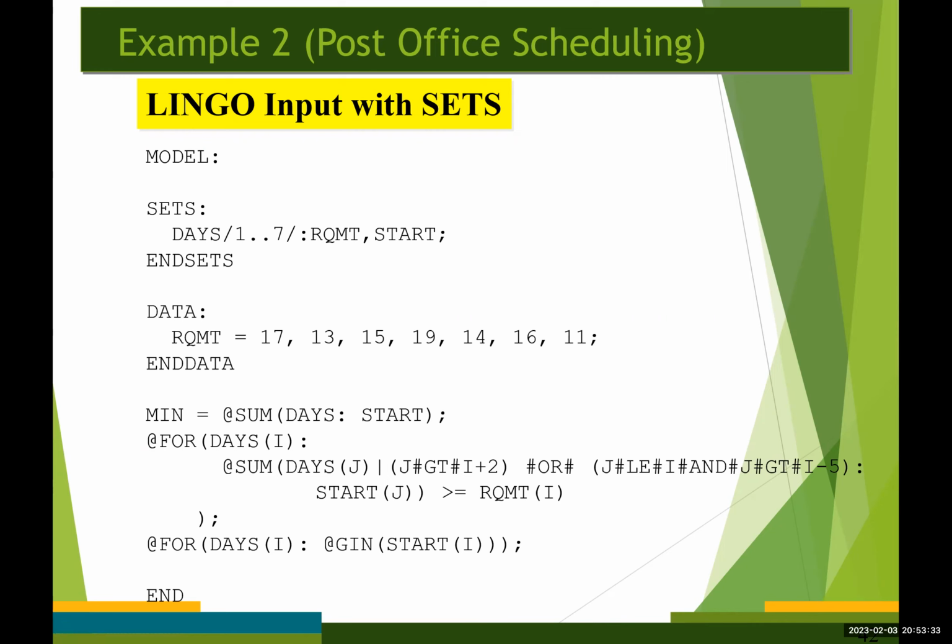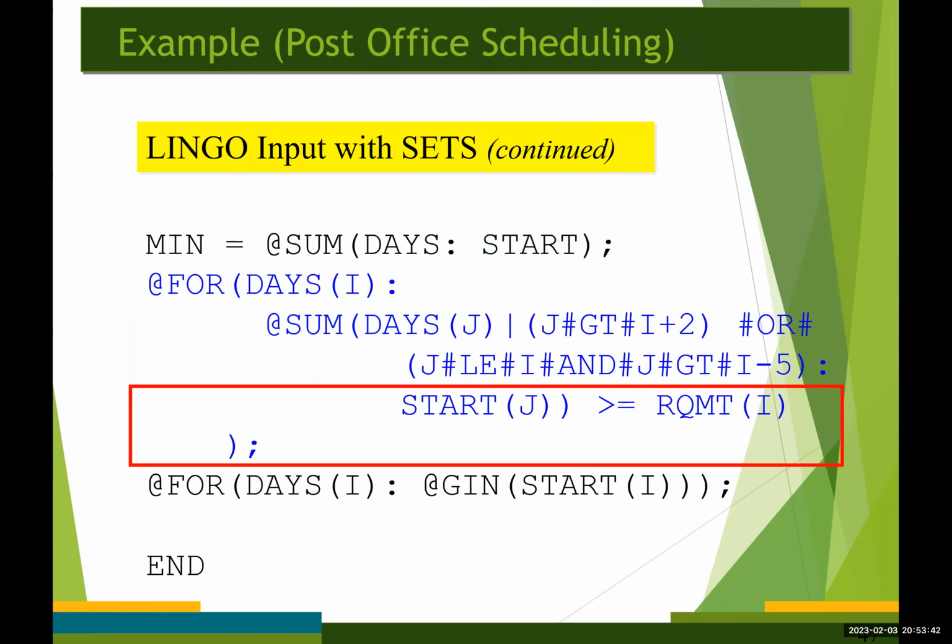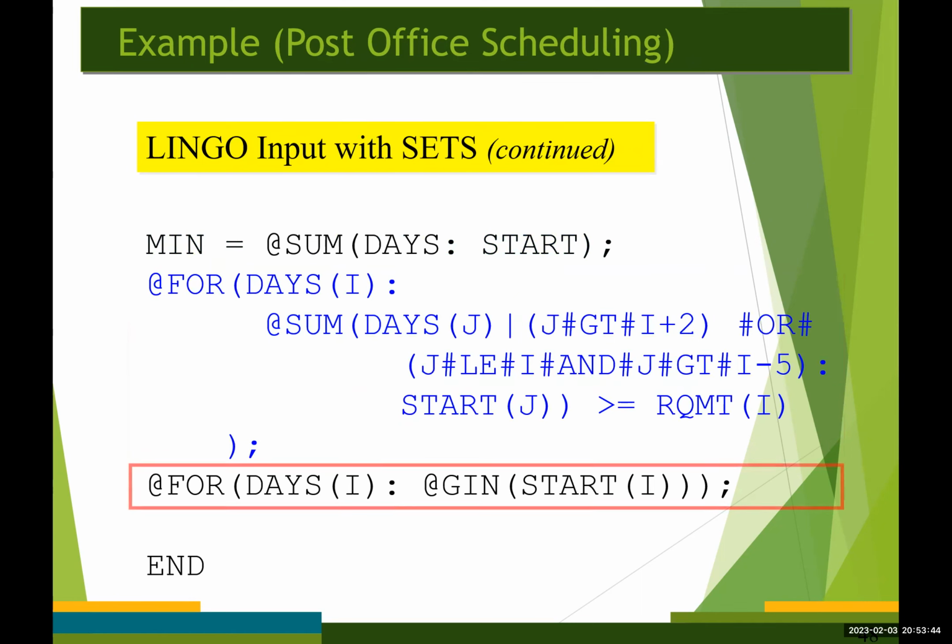So in our example, such group would be the days, right? Okay, and of course, to indicate that each variable must equal the non-negative integer, we've used the @gen operator, general integer restriction, right here. For each day, we need to put this, right?